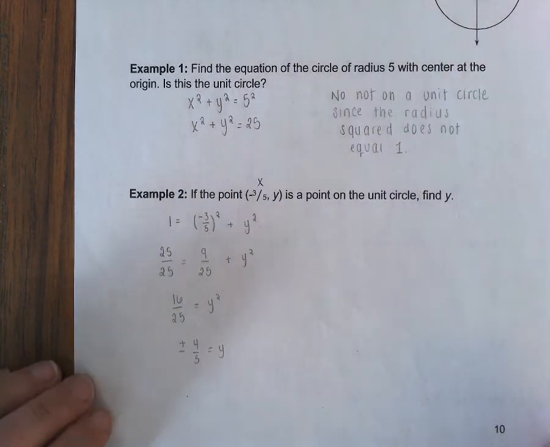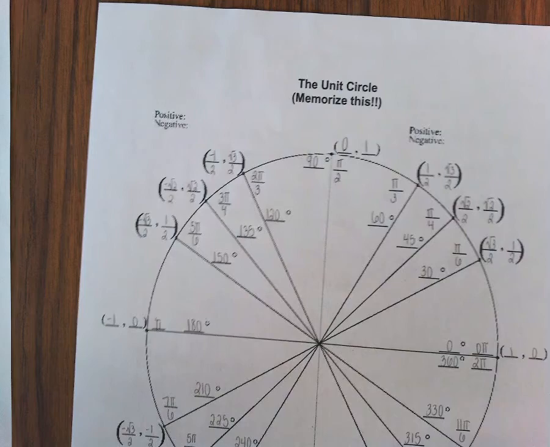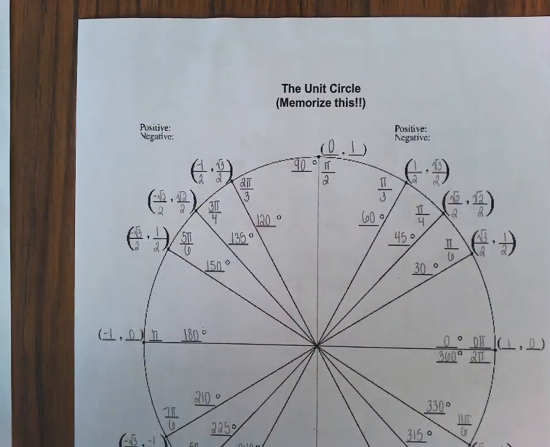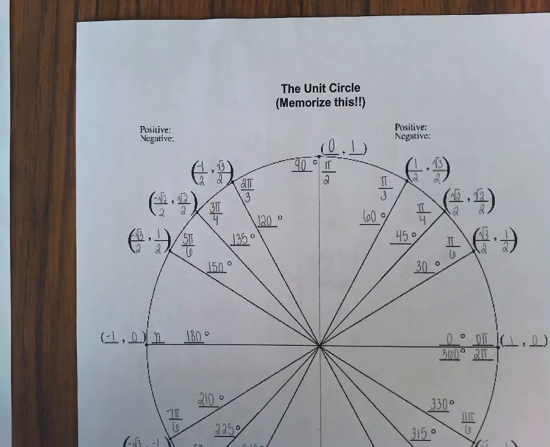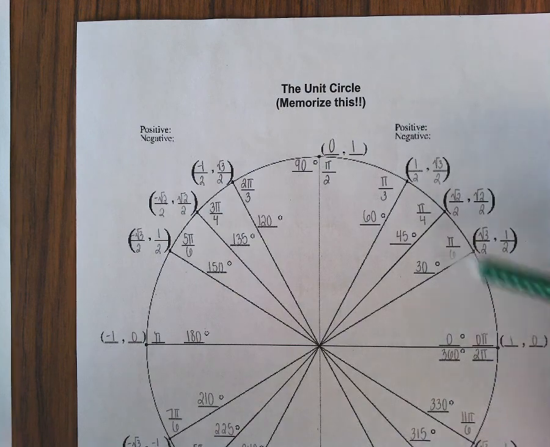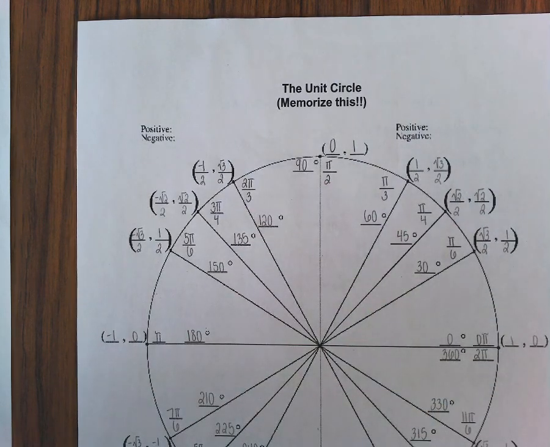Now, more importantly than that, you'll see on the next page everybody's favorite, and that is the unit circle itself. In grade 11, we learned about the degree measurements along this unit circle, and also all of these x, y coordinates. We're not going to go through those again in terms of where these come from.